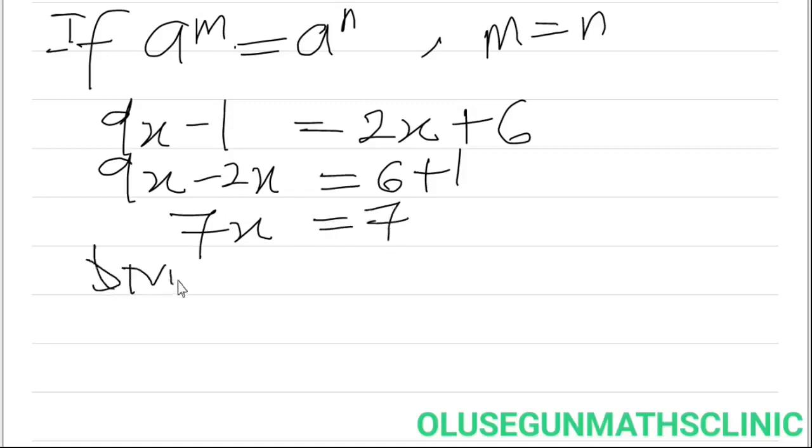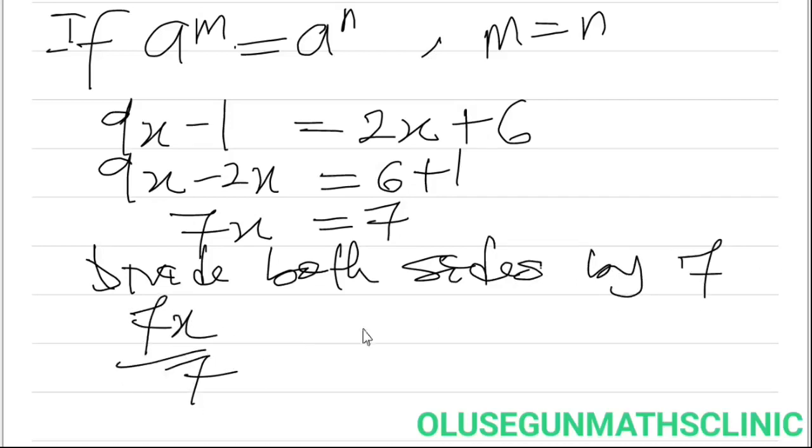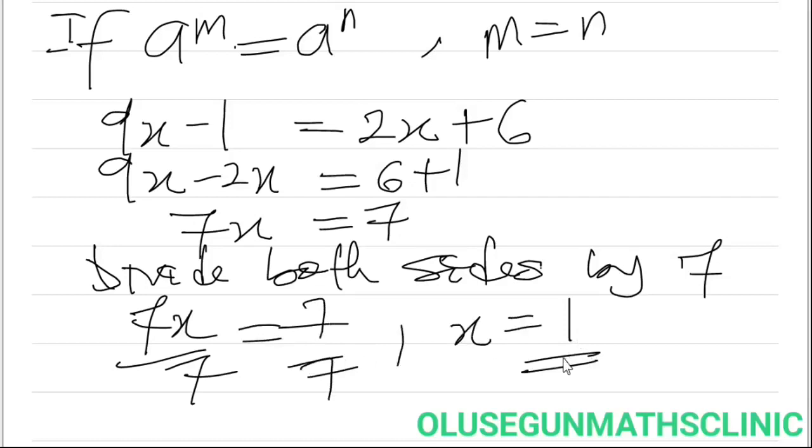Let's divide both sides by 7. So we have 7x over 7 is equal to 7 over 7. Therefore, x is equal to 1. That is the final answer for that question.